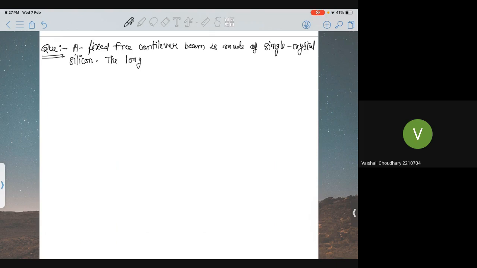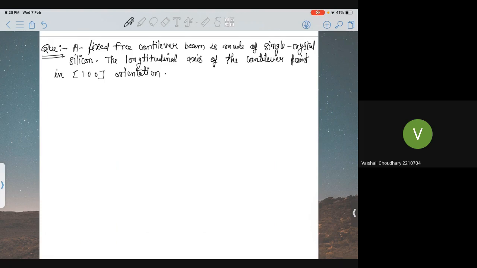The longitudinal axis of the cantilever points in the 100 orientation.